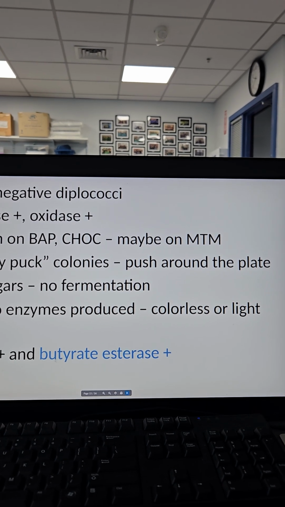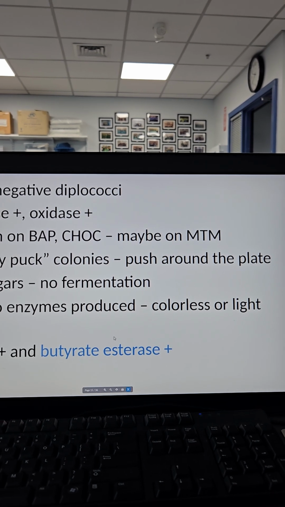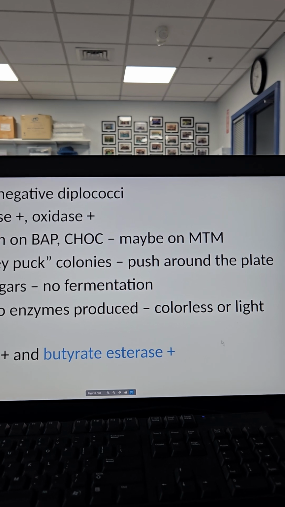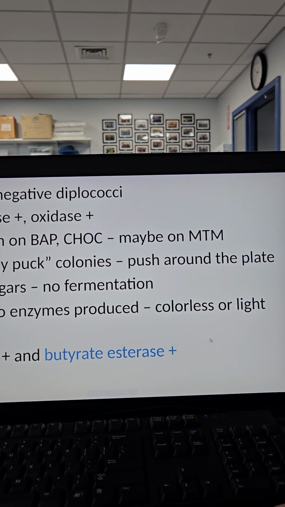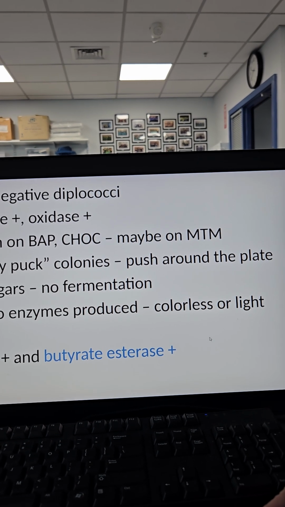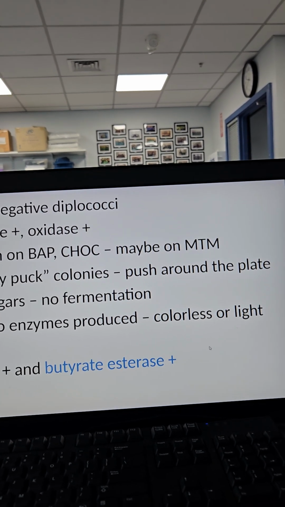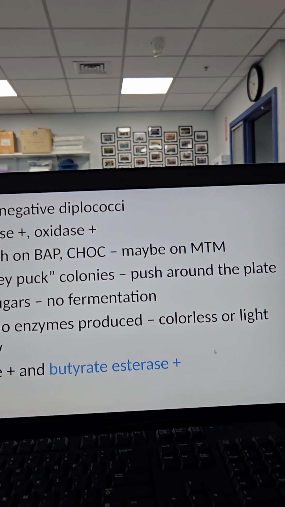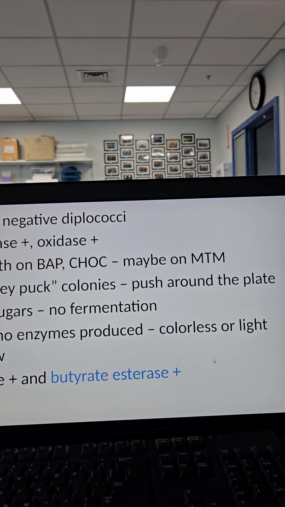On the Bacti cards for the Neisseria testing, they actually have a space for the butyrate esterase test. If the butyrate esterase test comes up positive, it's Moraxella catarrhalis. So it's nice that they have all 4 of the enzymes that you're looking for, so you can tell between the 4 most common things that you'll identify.